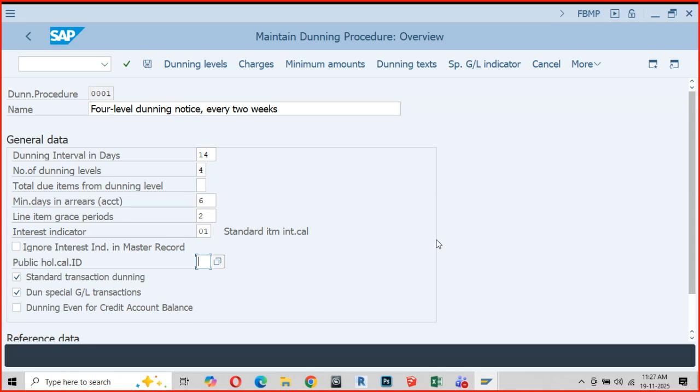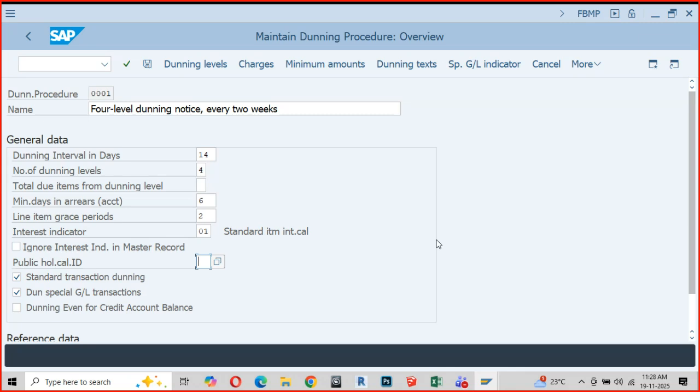To exclude the holidays and the weekends, the non-working days, from being counted in the payment. So these days are not considered. To ensure that the non-working days are not considered as due, we apply the public holiday calendar.